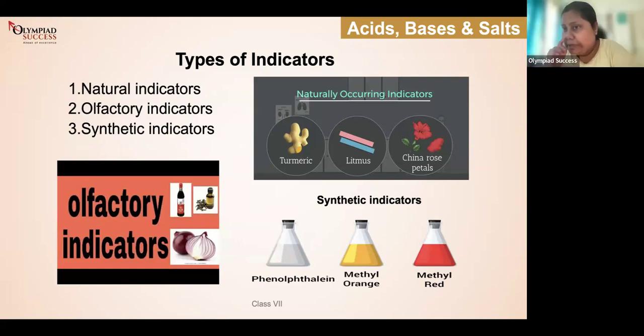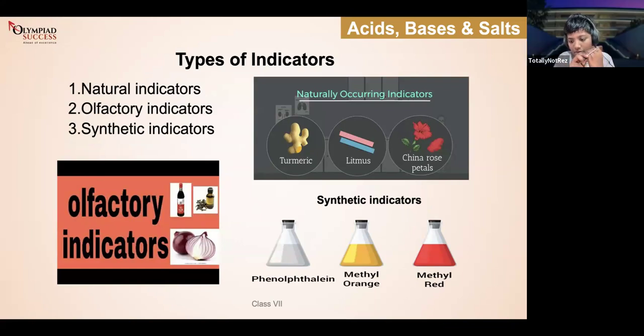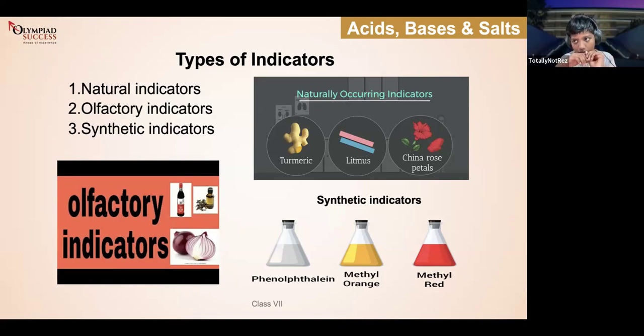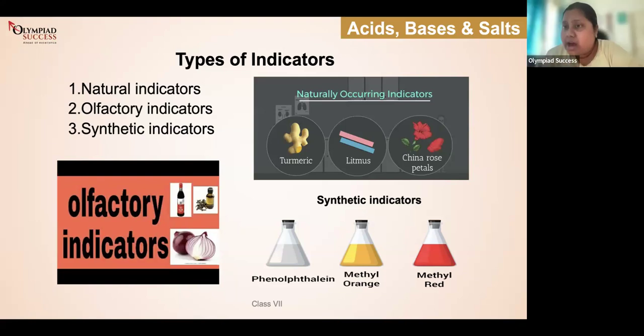Anything which is related to smell, that is olfactory. So when anything changes its smell and indicates that it is acid or base, those are called olfactory indicators. One example is onion. Apart from that, another one is vanilla extract.